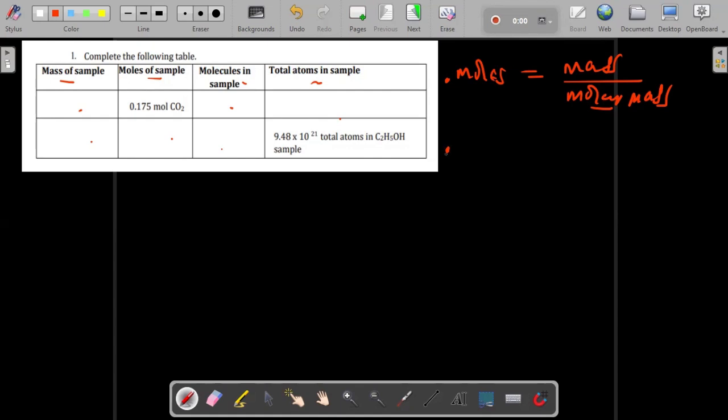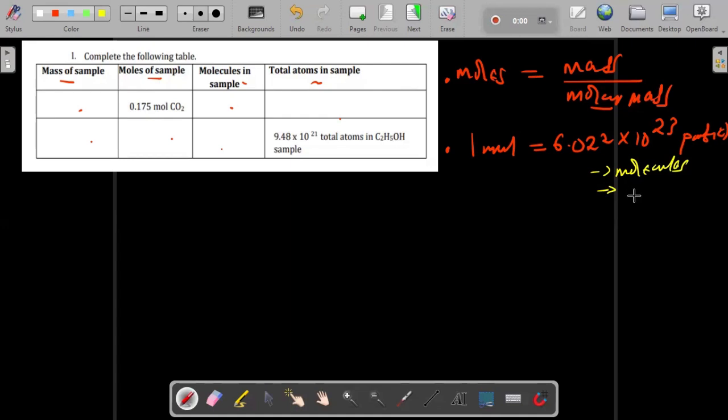The other relationship that we must know is that one mole of anything contains 6.022 multiplied by 10 to the power 23 particles. This is the second relationship that we must know. And the particles here can be molecules.